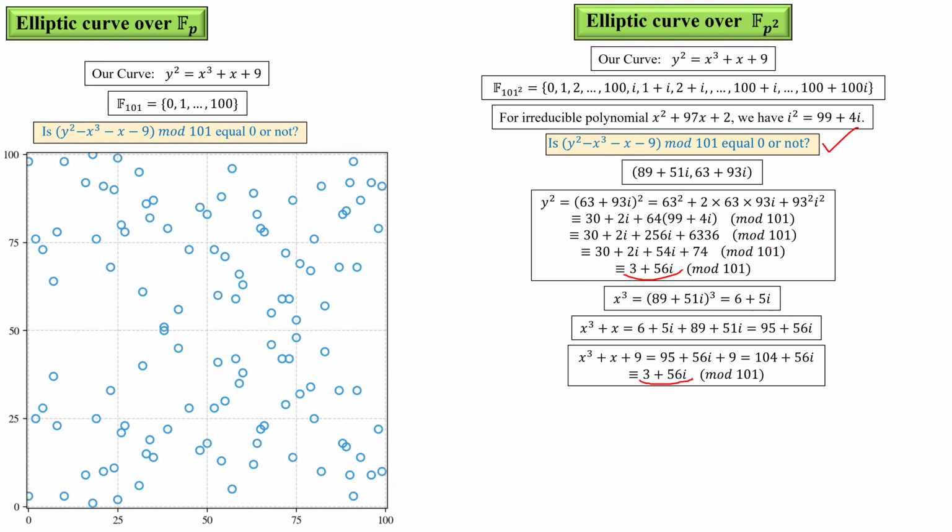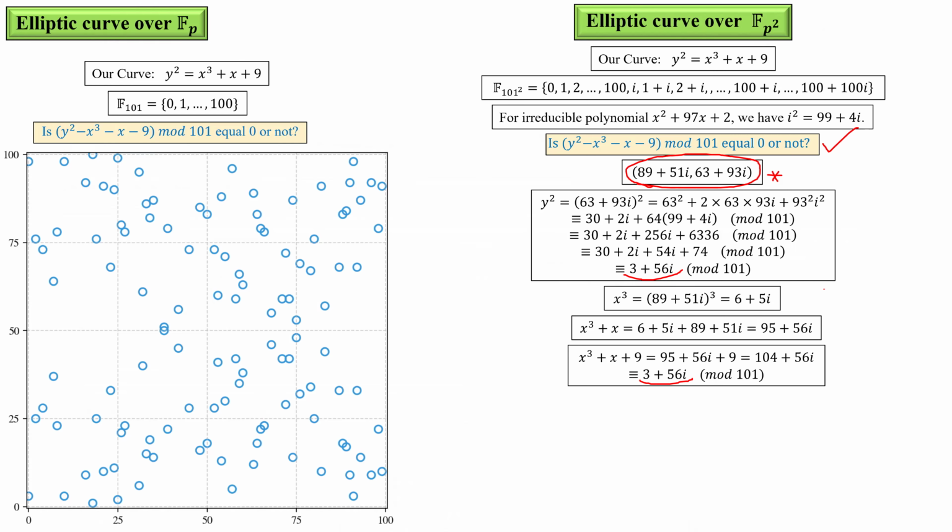So then this point is satisfying the equality, right? Equality test. So then we say that, okay, this is an accepted element to our new group.